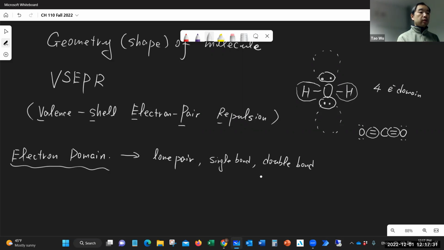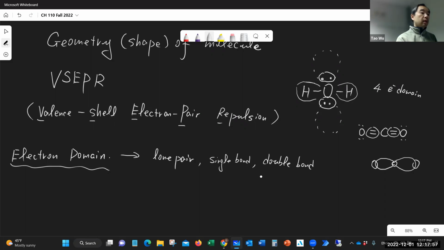So this carbon has 2 electron domains. The carbon is in the center and the oxygens are on the sides, so CO2 is a line shape.